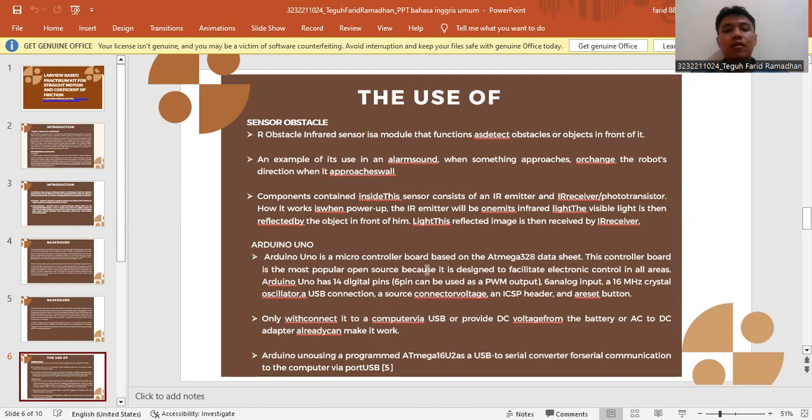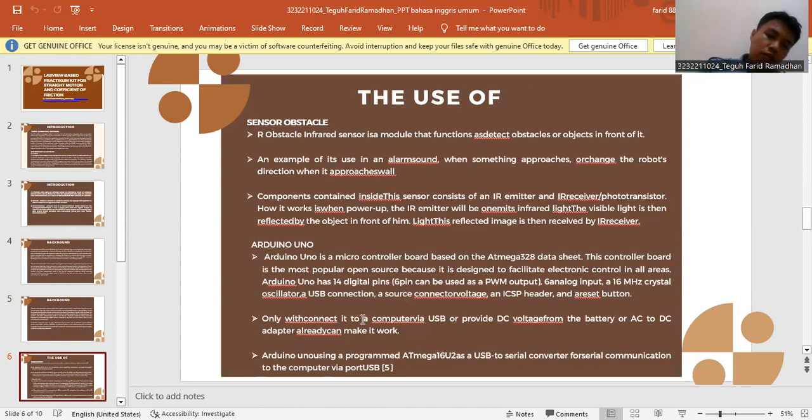Arduino Uno has 14 digital pins, 6 of which can be used as PWM output, 6 analog inputs, a 16 MHz crystal oscillator, a USB connection, a power connector, an ICSP header, and a reset button.